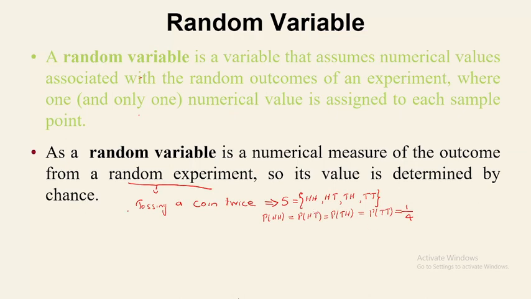Now we are defining a variable x such that x is the number of heads when tossing a coin 2 times.